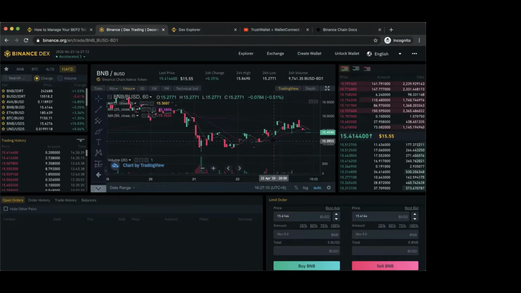The whole trading interface is a little different than Binance.com. So you can see that we have 4 markets: BNB, BTC, altcoin, and the fiat. You can see the previous trades here in this section, and the order book is on the right.